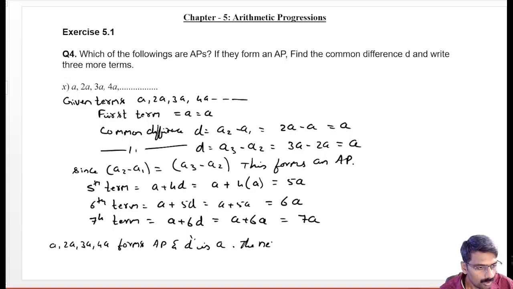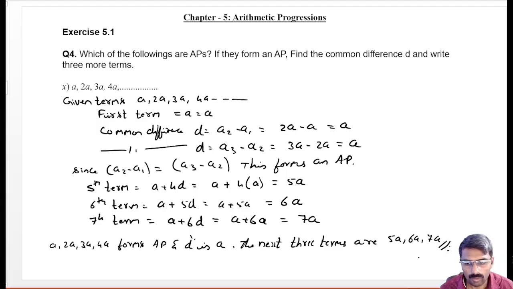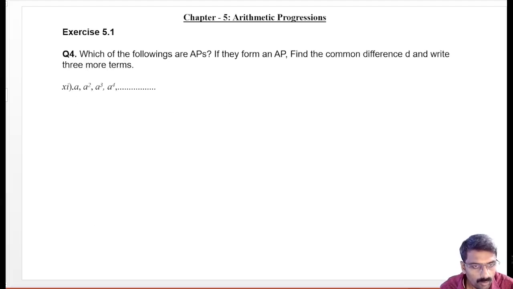The next three terms are 5a, 6a, 7a. So this will be our final answer. Our 11th sub question. So given terms are a, a square, a cube, a raised to 4 and so on. So we can write the given terms in this manner.